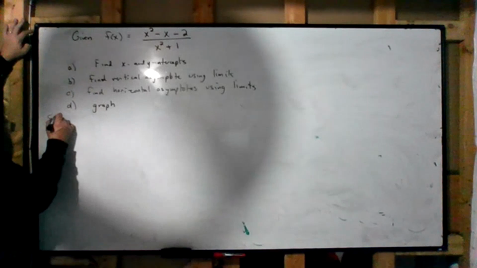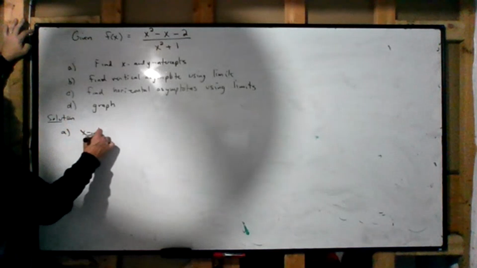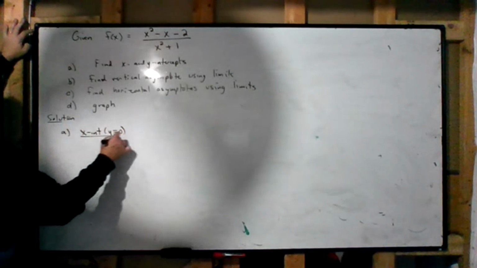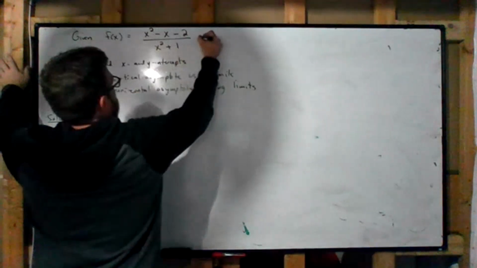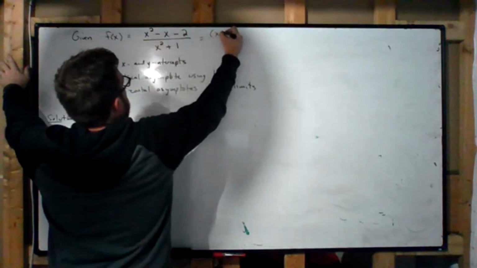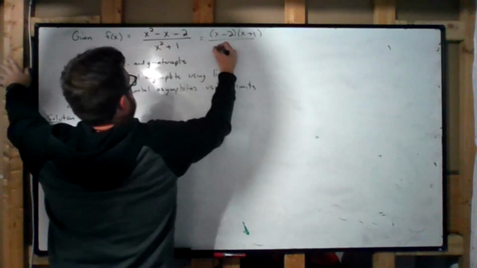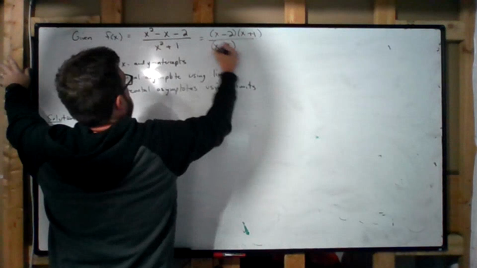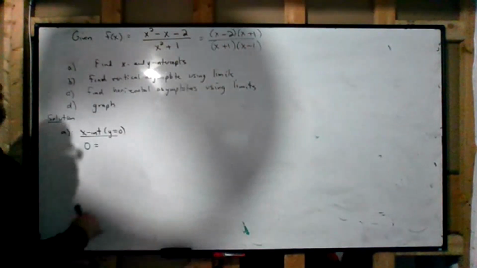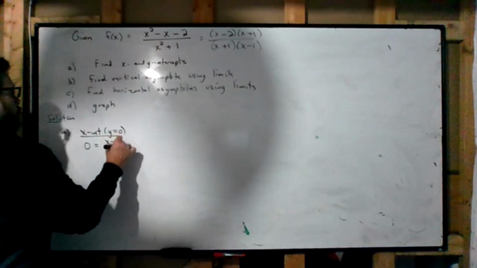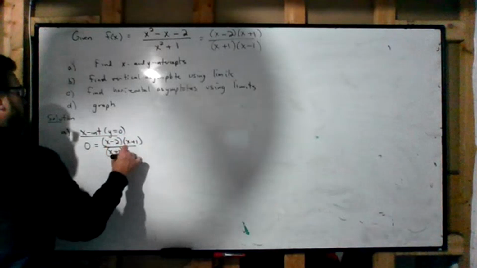All right, so solution. A, the x-intercept happens when y is equal to 0. So this is when 0 is equal to this function. I'm going to factor this because I know it does. So this is x minus 2 times x plus 1, and the bottom is going to be x plus 1 times x minus 1.